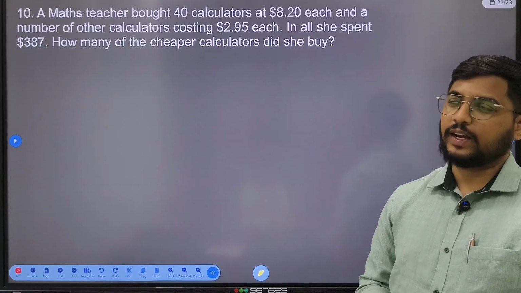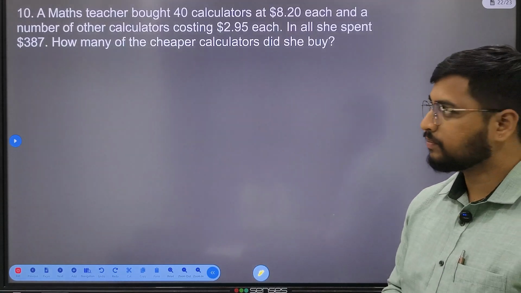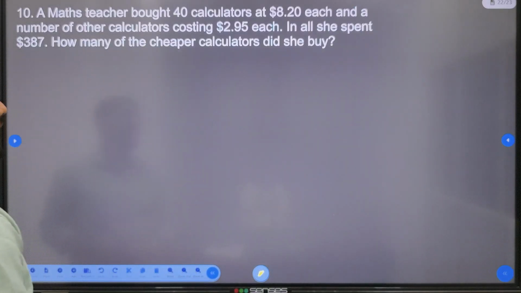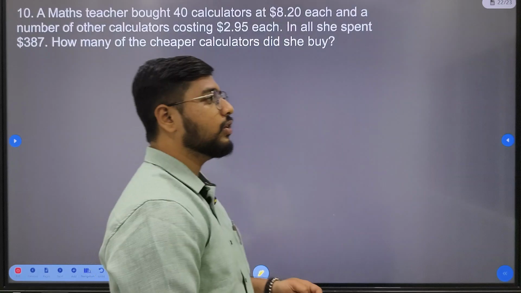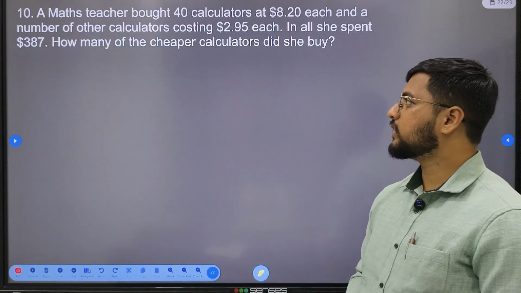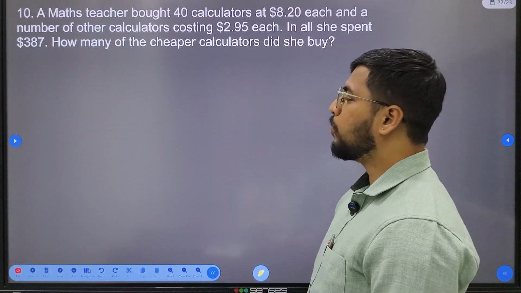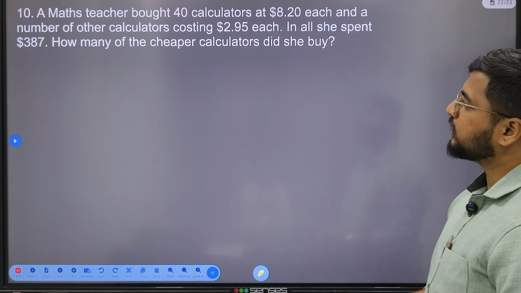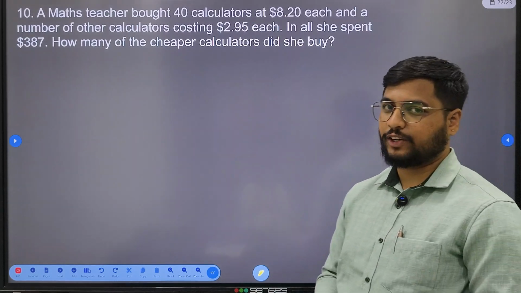Each of them cost $8.20. And a number of other calculators costing $2.95 each. So she also bought some other calculators and they cost $2.95 each. In all, she spent $387.